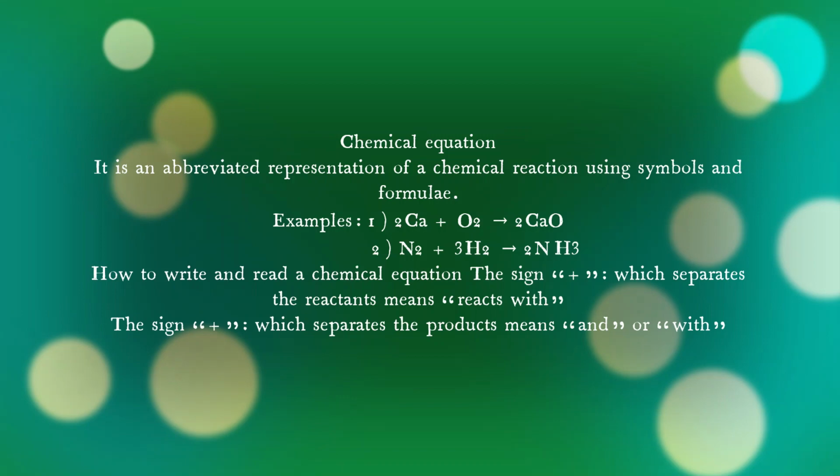We need to balance it because if we have a high number of atoms or molecules in the product and a low number in the reactant, the balance is not on the same level. So you have to balance those molecules and atoms in order to make the chemical equation balanced.